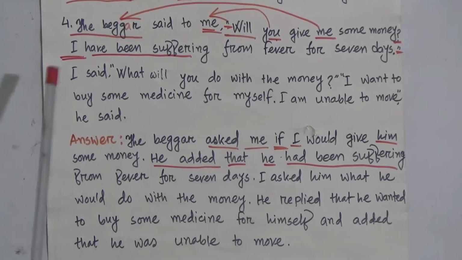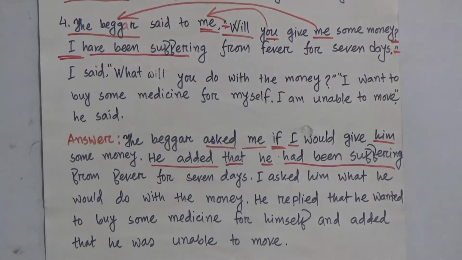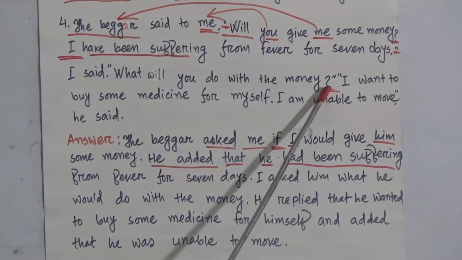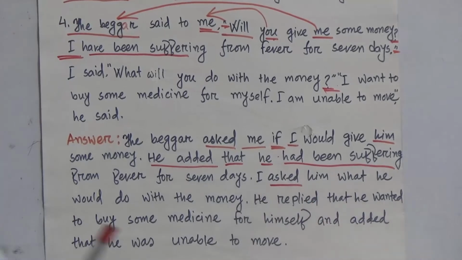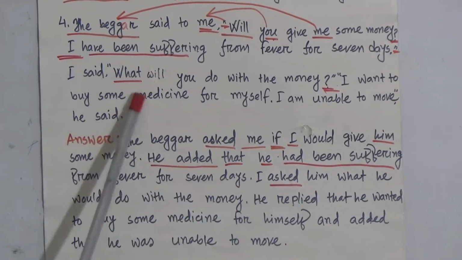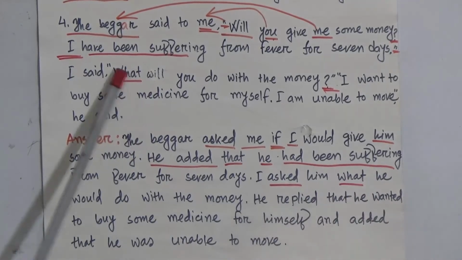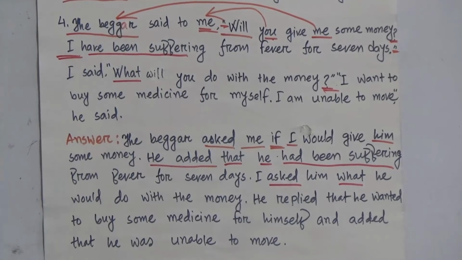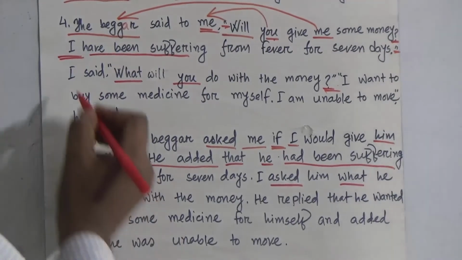Then I said, what will you do with the money? Again an interrogative sentence. Since we got an interrogative sign, we will use asked. I asked him. Then the wh-word starts at the beginning, so it would be written the same. What? Then the subject. You. You is in the second form. I said to whom?